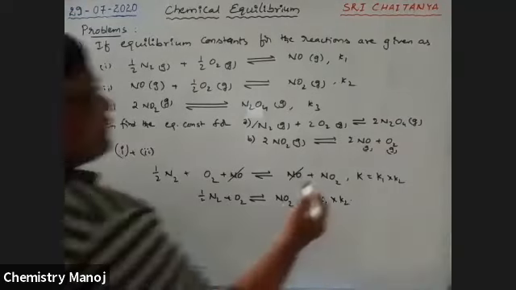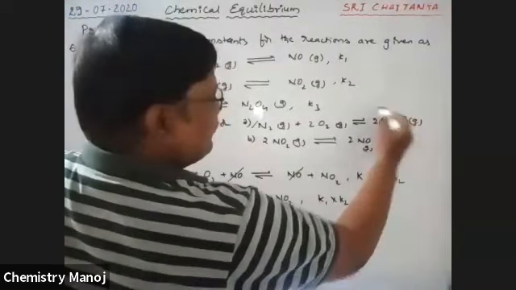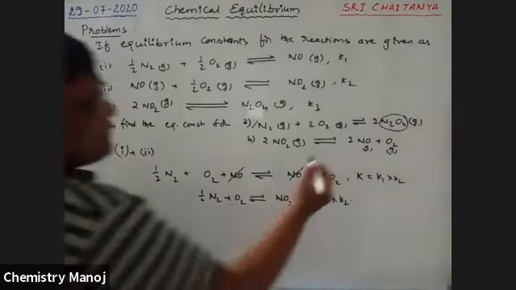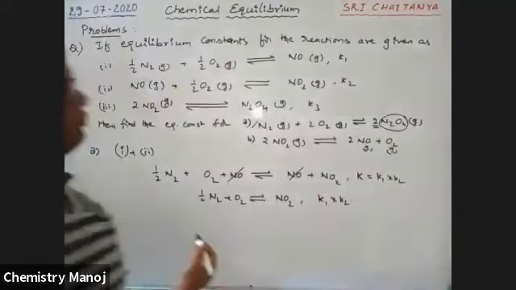But on the product side we require N2O4, and the N2O4 equation is this one. But there is a need for 2 N2O4.